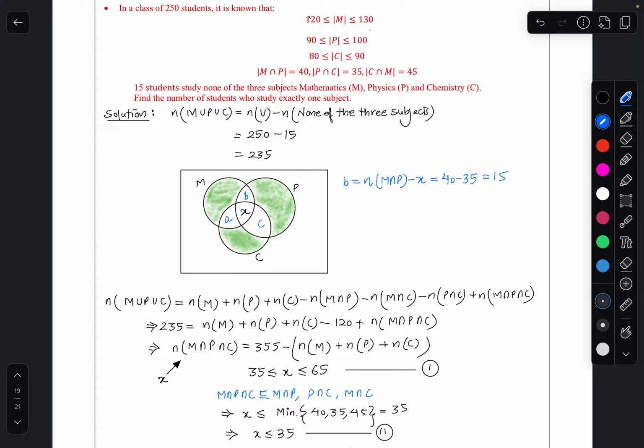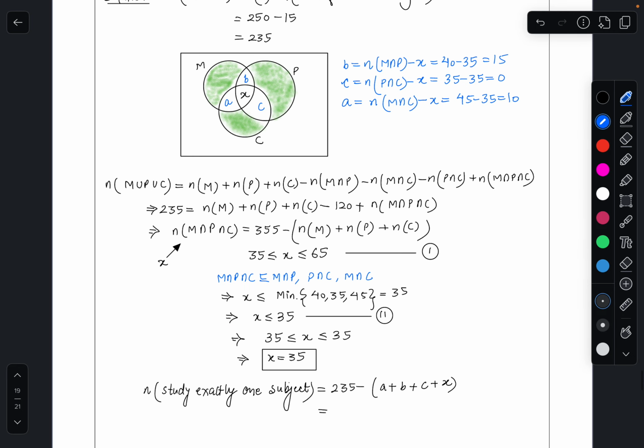Then the value of C would be the number of elements in P intersection C minus X. Then again, 35 minus 35 is supposed to be 0. And then A would be the number of elements in M intersection C minus X. That would be 45 minus 35, which gives me 10. 15, 0, and 10 is what I have.